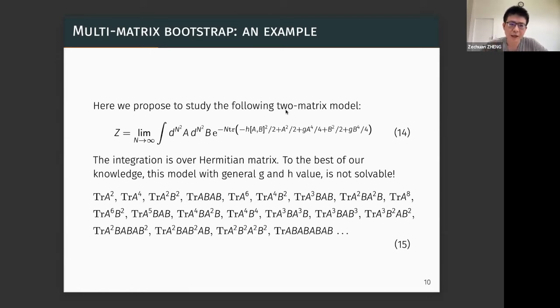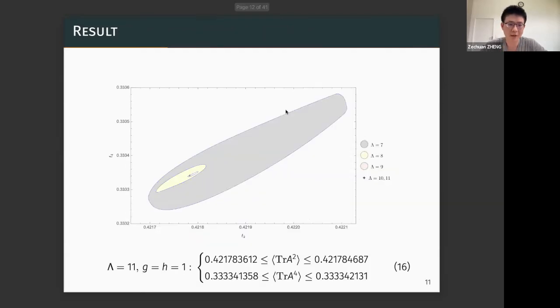Later, I want to show you that this bootstrap method is actually a serious numerical method. Look at this model. This is a 2-matrix model in the large N limit. So this is already an integration with infinite number of degrees of freedom. And to the best of our knowledge, this 2-matrix model is not solvable. And if we use the above method for this model, at lambda equals 11, which means that we are bootstrapping over all the moments in terms of A and B with length less than 22, and with G equals H equals 1, then we have a 6-digit result.